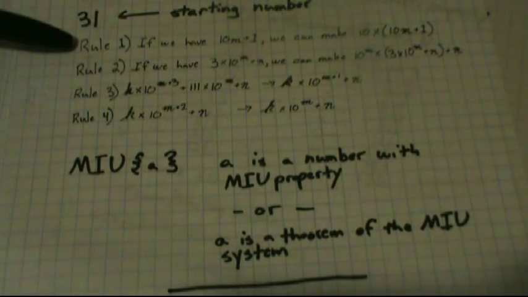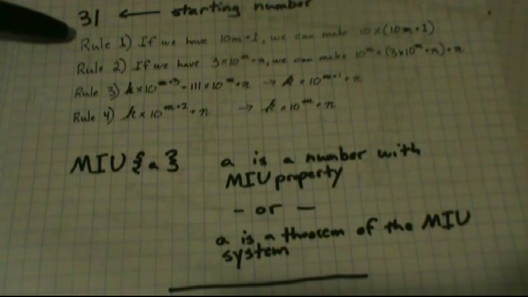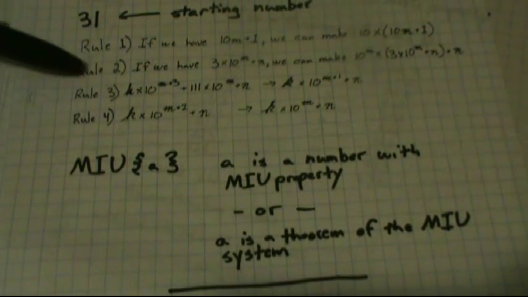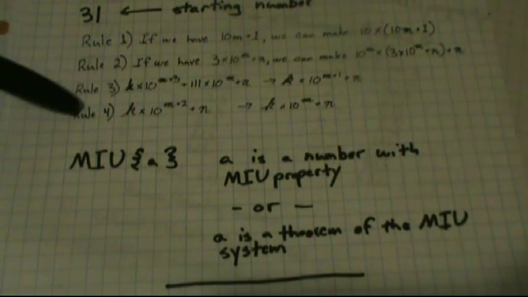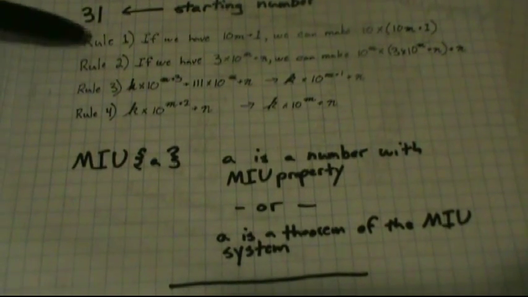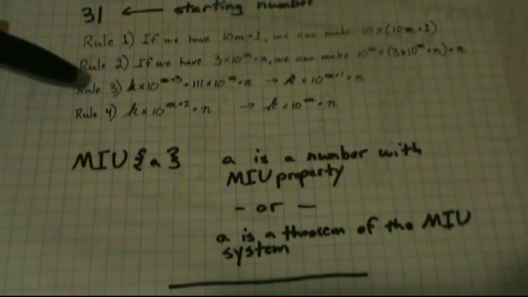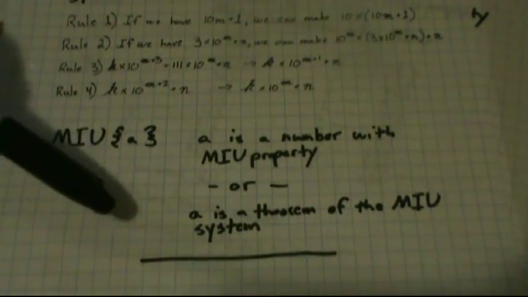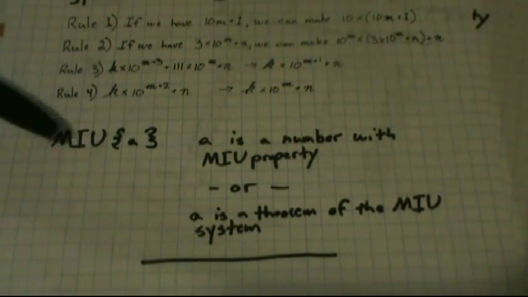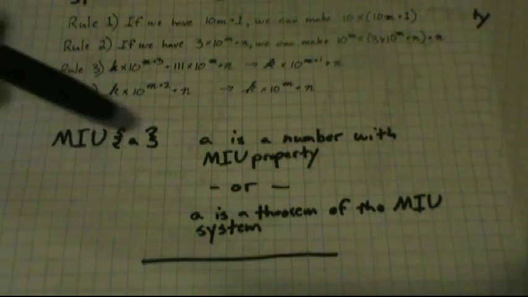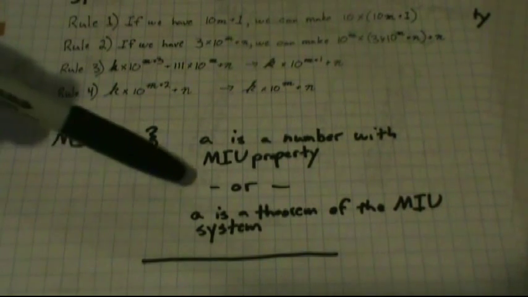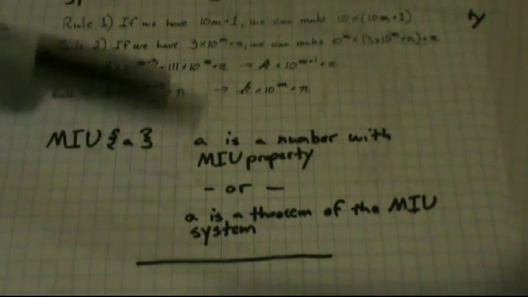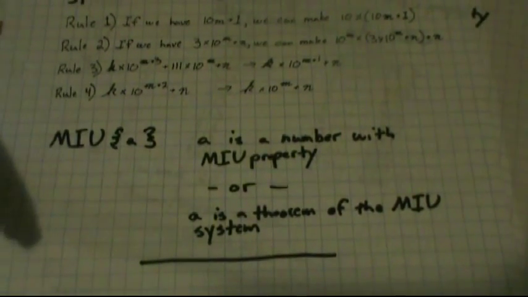As in, there's going to be nothing we can do with the typographical rules that we can't also do with the arithmetic rules. And conversely, there's going to be nothing we can do with the arithmetic rules that we couldn't do with the typographical rules. So if we substitute all the 3's for m's, all of the 1's for i's, and all of the 0's for u's, A translated that way is a theorem of the MIU system.